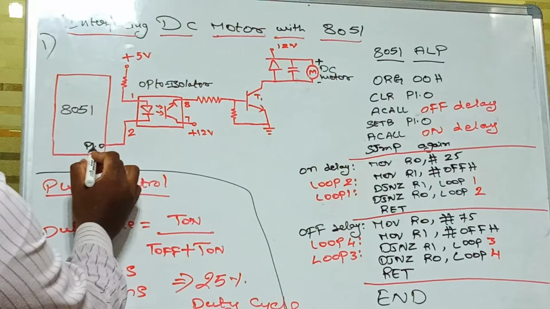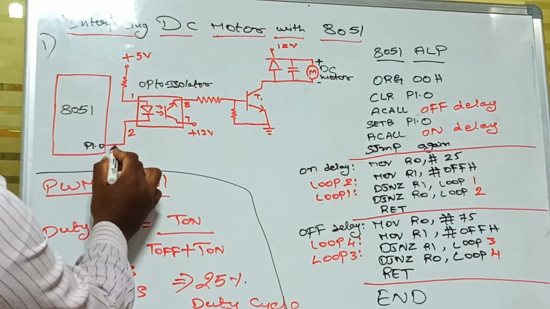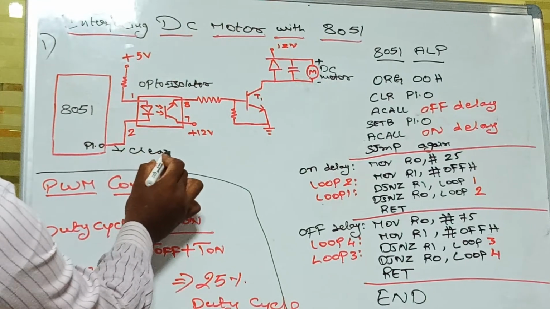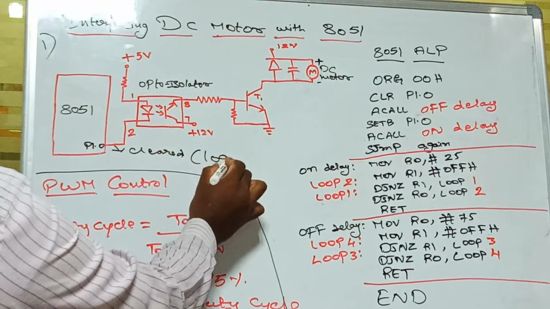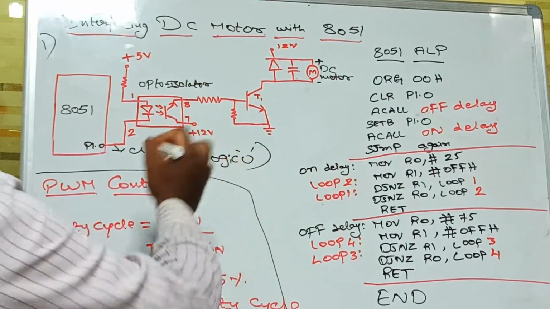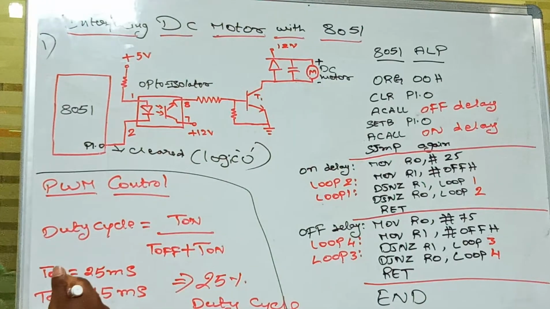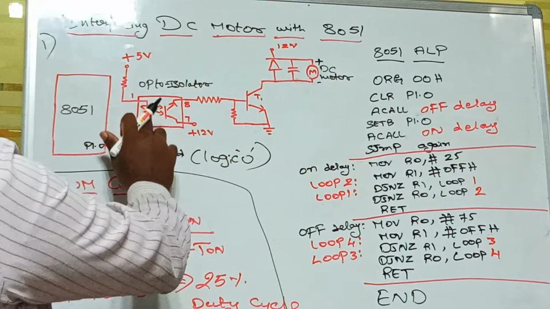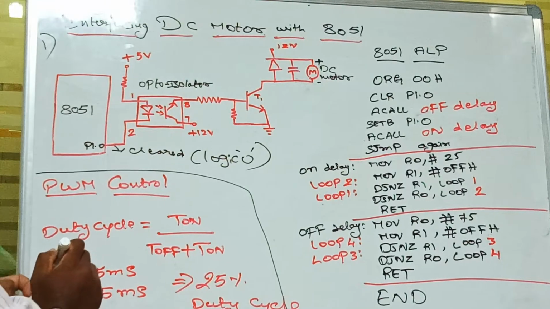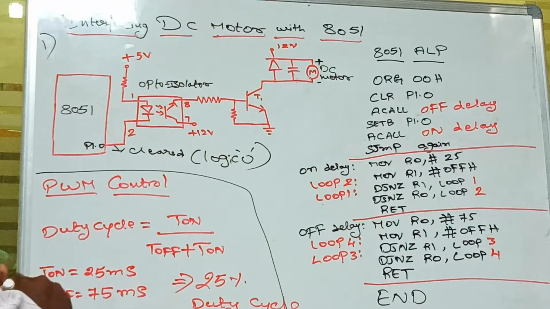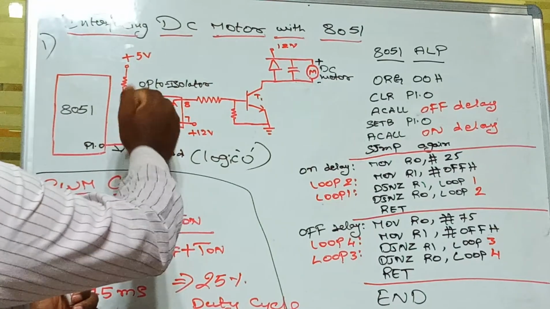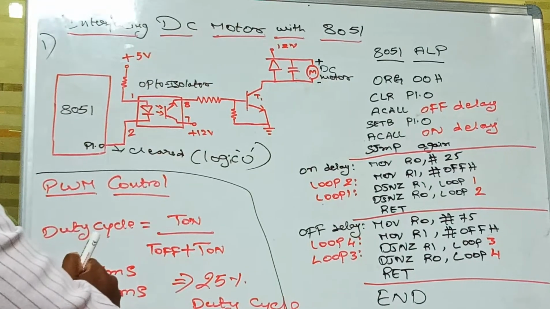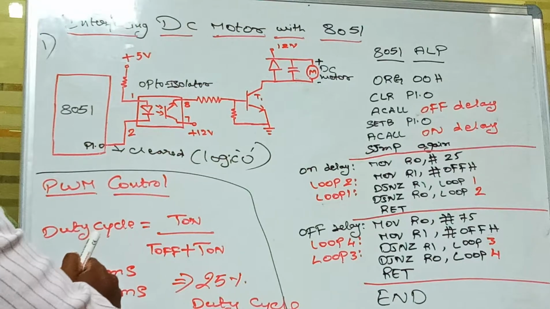Once this P1.0 gets cleared, means once P1.0 is set to logic 0, then the LED of the opto isolator gets forward biased and it gets triggered, and then it connects to the Darlington transistor of the opto isolator.